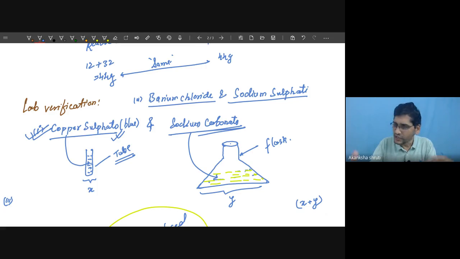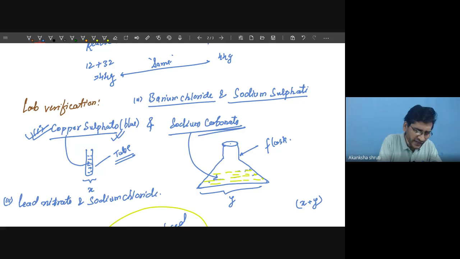Because these two combine to form a precipitate or show a color change. That's why a specific pair is always taken. One may choose a pair like lead nitrate, and with this lead nitrate you have to take sodium chloride.